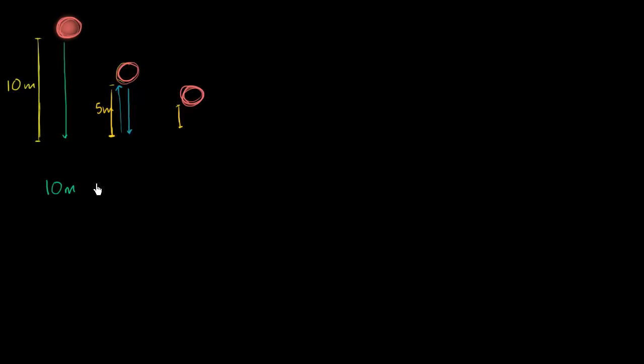Actually, I don't have to write the units here, let me take the units out of the way. So let me write it clearer. So the first bounce, once again, it goes straight down 10 meters.